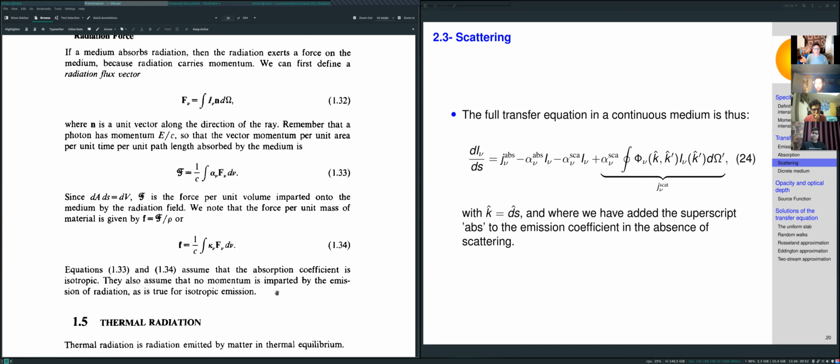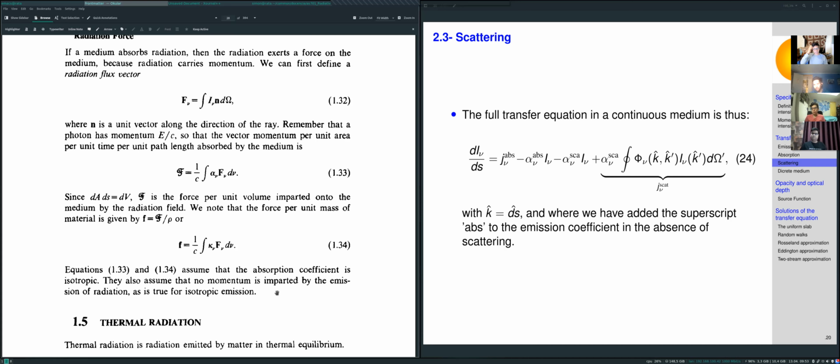In general, when you have emission, the photon carries away angular momentum. It usually has an angular momentum of either plus 1h or minus 1h, and that leads to a recoil on the atom. However, if you take this on average in a blob of gas, and the emission occurs in any direction, then all these recoil forces average out to zero.